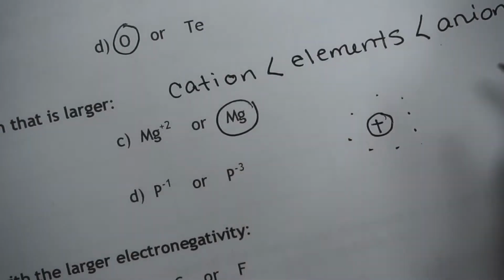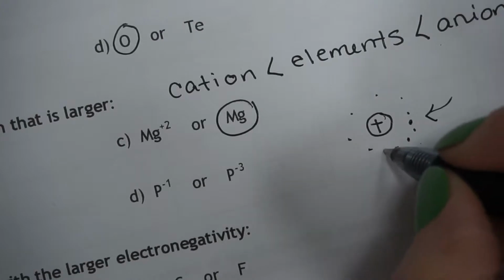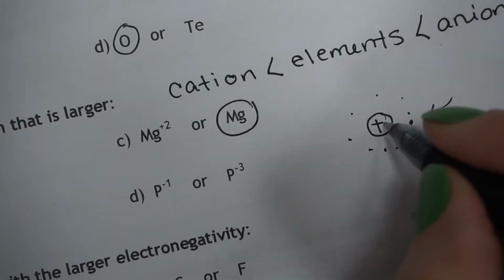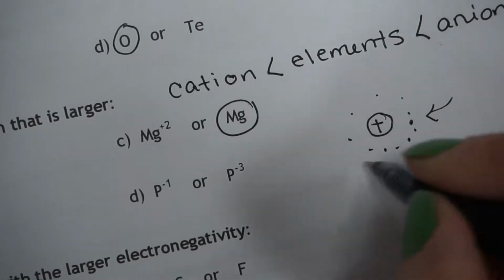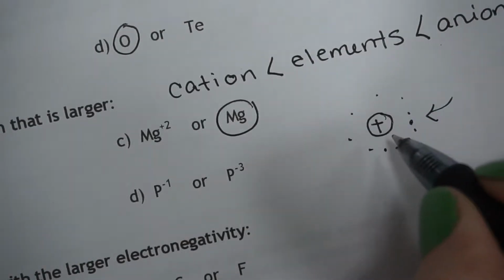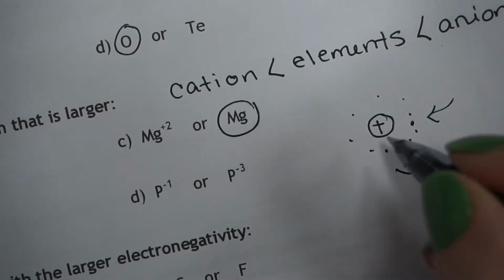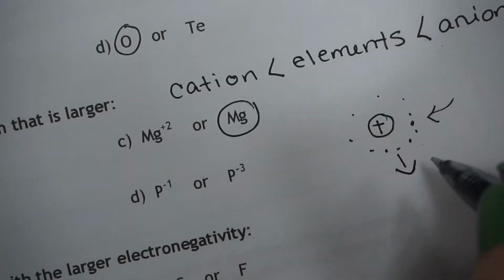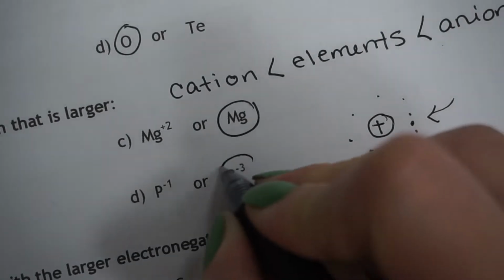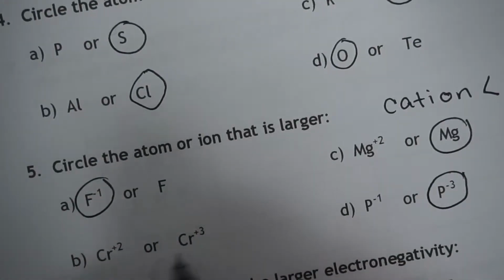That's a cation. With an anion, you're adding electrons in, so the same positive charge is spread out against more electrons, and they're going to be spread out further. So this is going to be a bigger ion. And then here we have two cations.